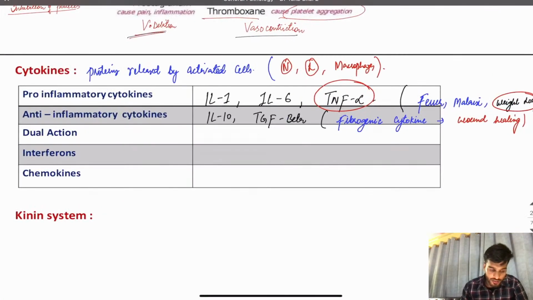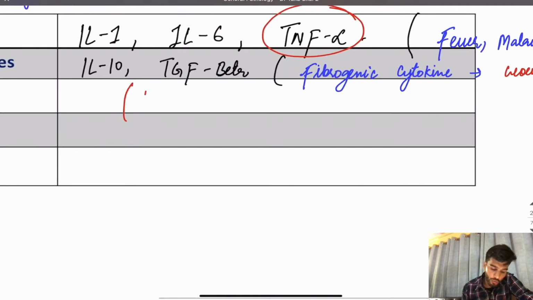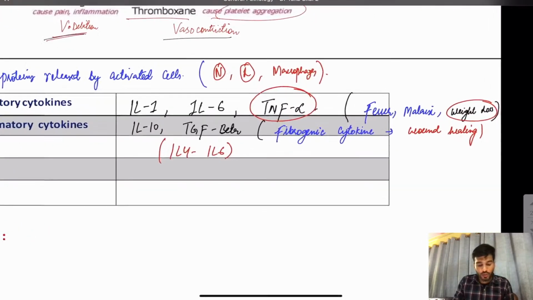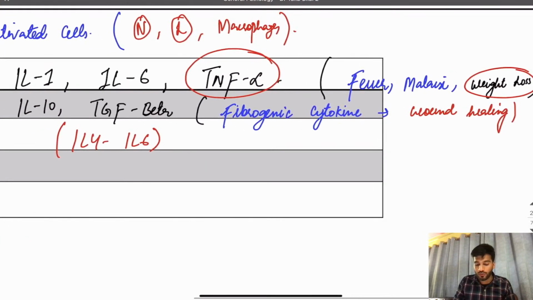Then we have a dual action of two interleukins, interleukin 4 and interleukin 6. What's the drug that will inhibit interleukin 6? It's tocilizumab and sarilumab, which is responsible for the cytokine storm. Which cytokine is associated with weight loss?